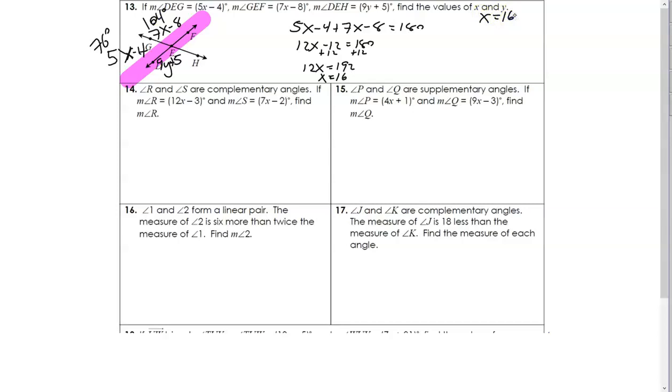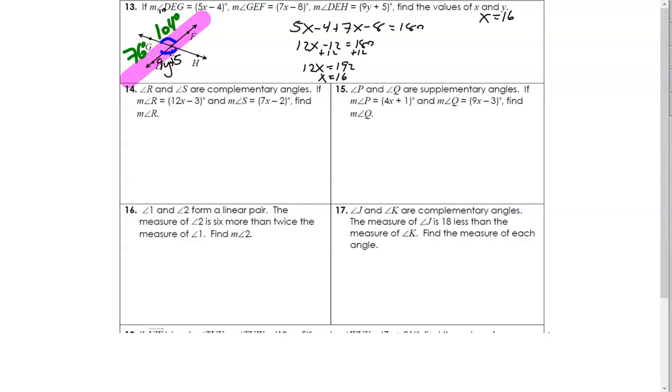Now, what about y? Well, we have to look at what we know. Let's clear this up a little bit. We know that this is 76, and this is 104. And since this angle is 104, this angle and this angle are vertical angles.